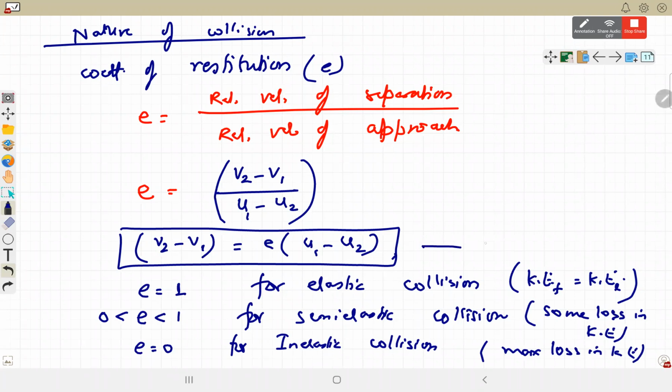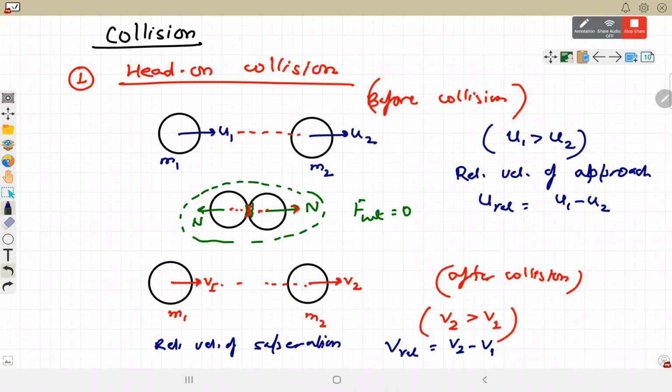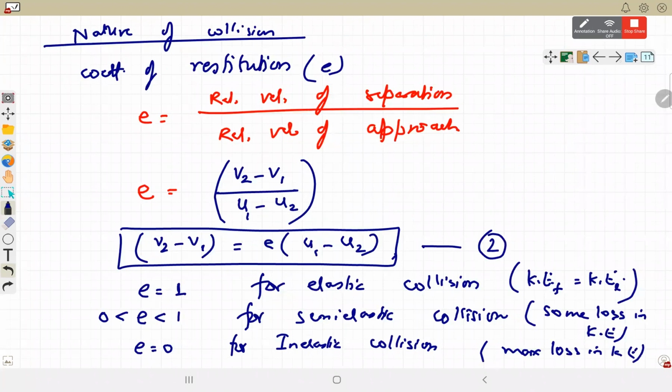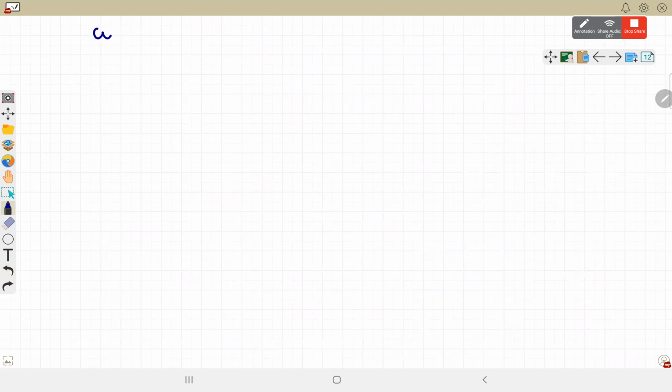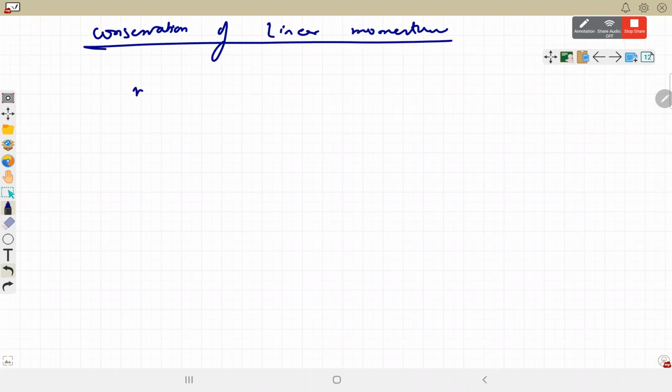So these will be the two equations that we will be using to solve the questions. First is conservation of momentum, which is always true for all types of collision, whether elastic, inelastic, or semi-elastic, because net force is always going to 0 according to Newton's third law.